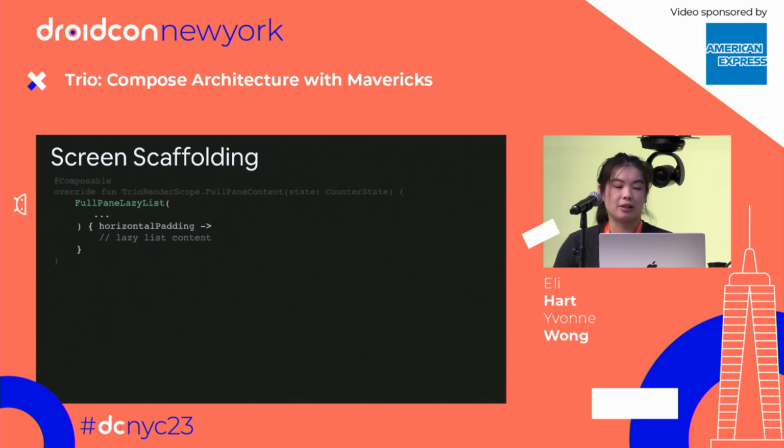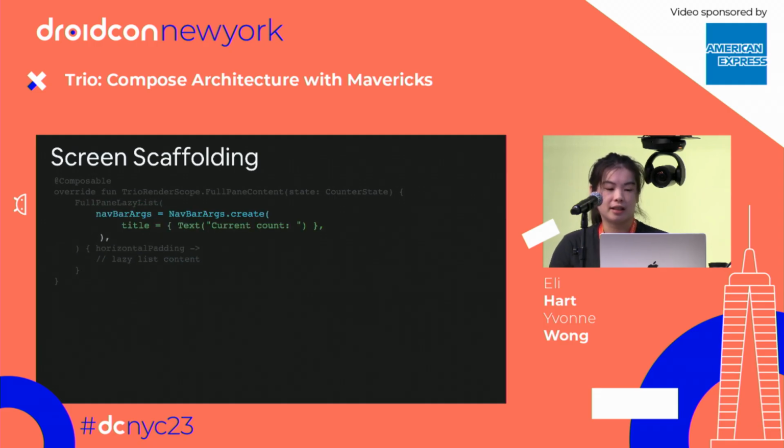In the interest of standardizing screen designs, code patterns, and reducing boilerplate, we provide default screen scaffolds for the Trio UI. These scaffolds standardize common component slots such as the top navbar, main content area, loading indicator, footer, and alerts. Our most common scaffold is full pane lazy list. As the name suggests, this is a scaffold made for full pane presentations and supports lazy list rendering in the main content area.